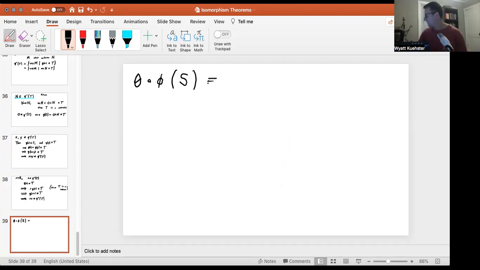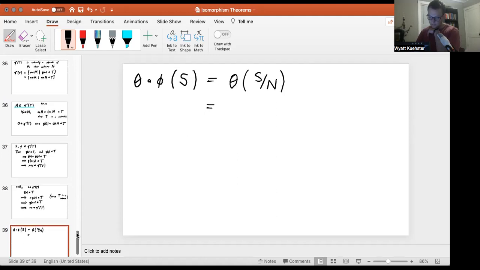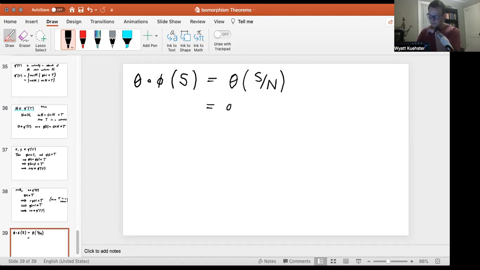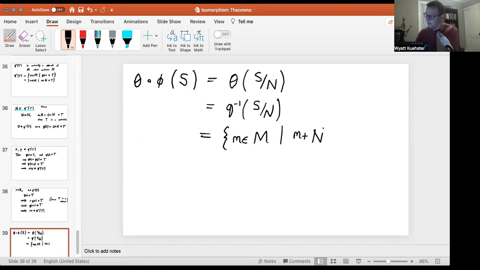Then theta of phi of S is theta of S over N, right? And the map theta is the preimage of S over N, which means the set of elements m of M such that m plus N is in S over N. That's what the preimage under the quotient map means.